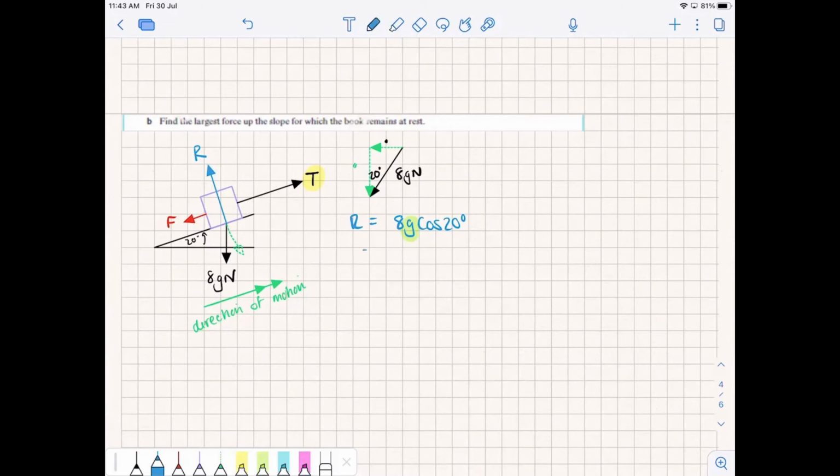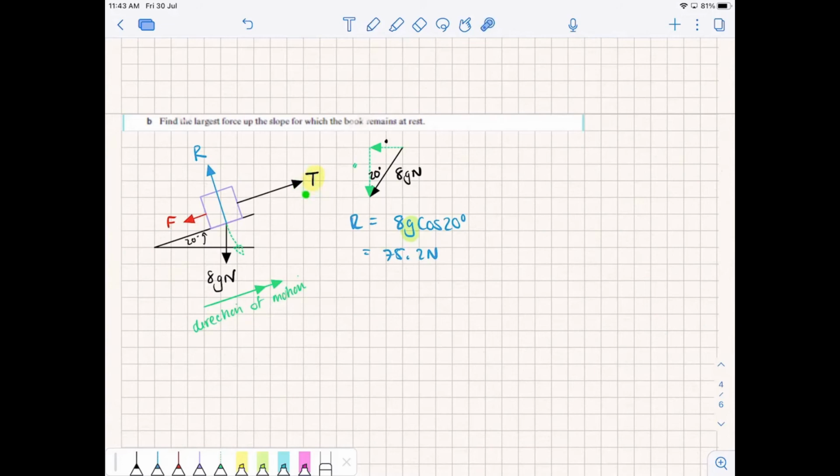Okay, this is going to be nice and easy. This is the same as the previous one. So what did we have? 75.2 newtons. That's going to help us now work out our friction force. Remember, this object is on the edge of equilibrium, so we don't know the tension.